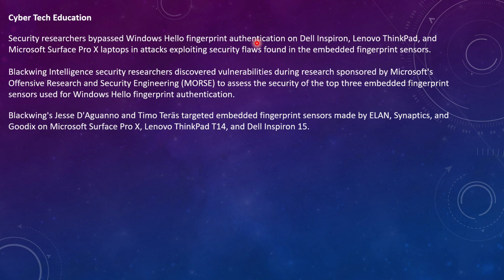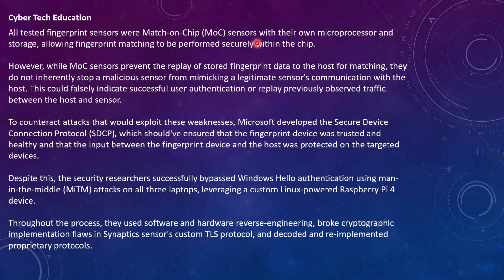Blackwing Intelligence security researchers discovered the vulnerability during research sponsored by Microsoft Offensive Research and Security Engineering (MORSE) to assess the security of the top three embedded fingerprint sensors used for Windows Hello fingerprint authentication. The researchers targeted embedded fingerprint sensors made by ELAN, Synaptics and Goodix on the Microsoft Surface Pro X, Lenovo ThinkPad T14 and Dell Inspiron 15.